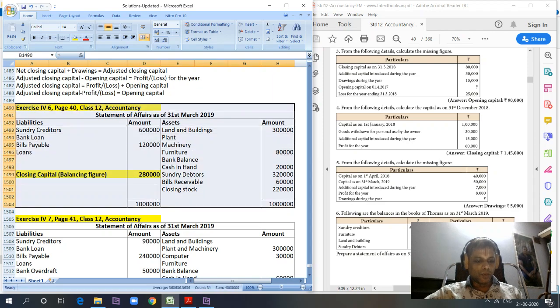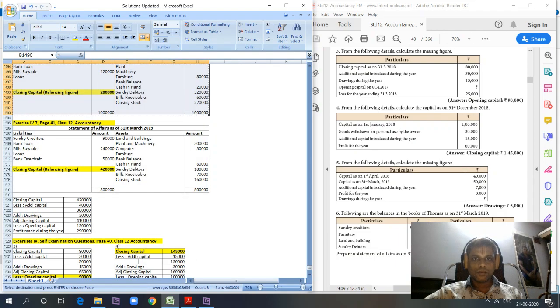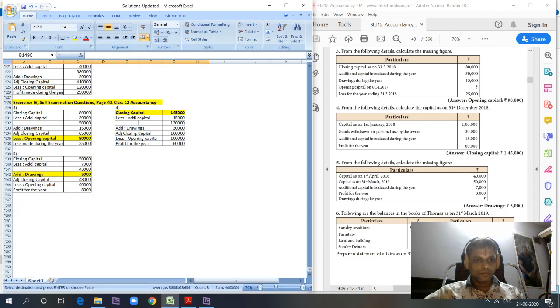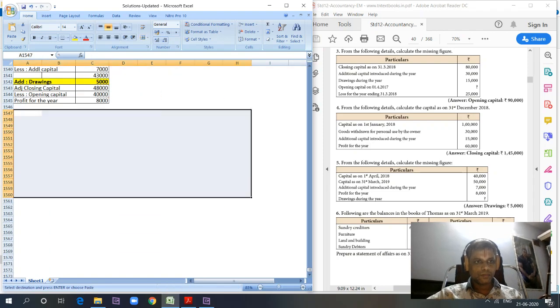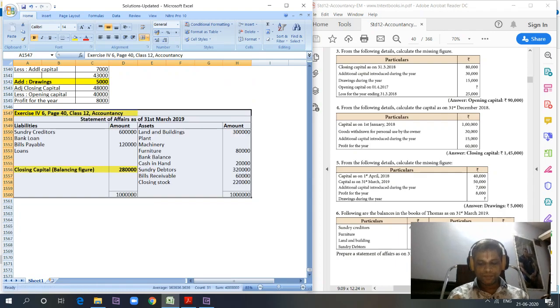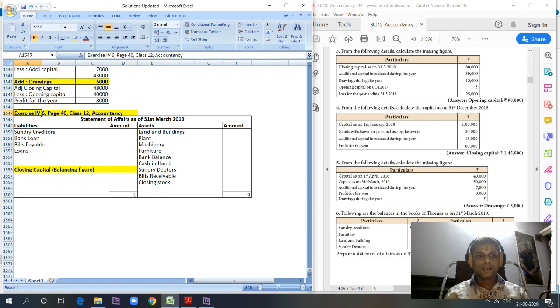So I'm copying the format here and removing the data so we can use the format. I'm in exercise 4.6, page 40, class 12 accountancy. So what is the data we have here?